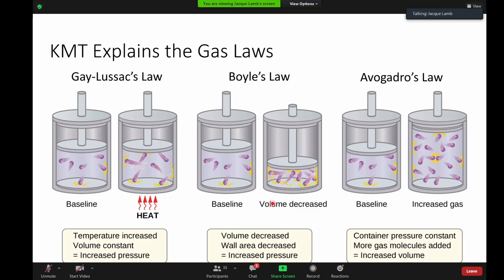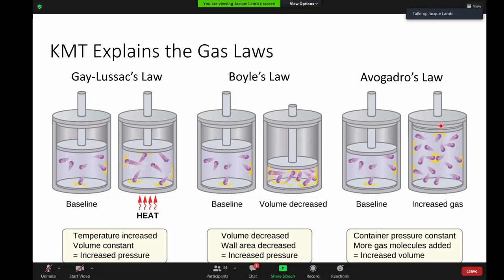What about Avogadro's law? Well, in Avogadro's law, we're talking about volume and number of moles varying, pressure and temperature are constant. So here is our baseline. We've added moles to this. If pressure is going to be constant, since we have more molecules in here, they would create a higher pressure unless you increase the volume of the gas.